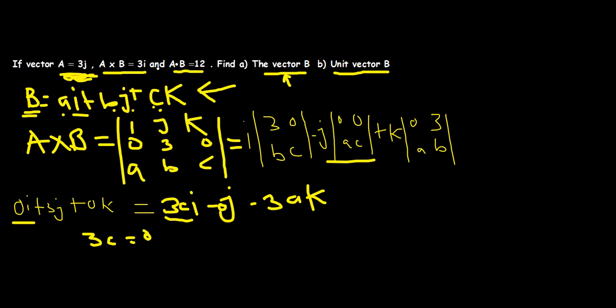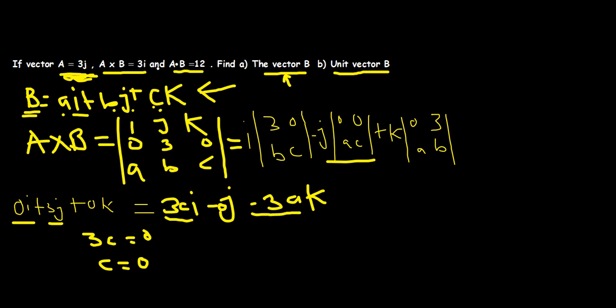Divide both sides by 3, and c is equal to 0. This 3j cannot be equal to 0j, so we can't find the value of b using this one. We first find the value of a using this one.